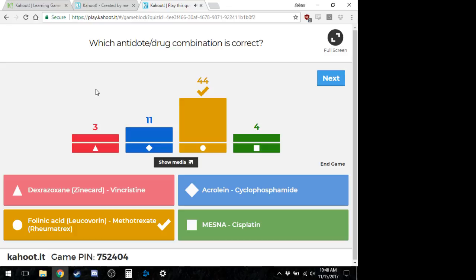All right. Sweet. So looking at our antidotes and the drugs, this is just as important for chemo as it is for heme drugs. So dexrazoxane, does anyone know what that works with? Yeah, it's with our anthracyclines. So think doxorubicin, daunorubicin, those drugs that are producing those free radicals, right? Remember those reactive oxygen species that can cause the cardiac damage?